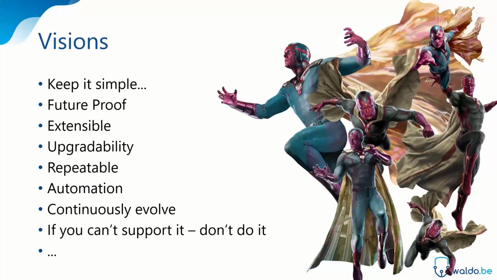And let's say whatever we try to do needs to be future-proof. It needs to be extendable, especially in an extension world, right? It needs to be upgradable, especially in a SaaS world. It needs to be repeatable, and so on and so on. And you will see all of these pinpoints coming back in the next topics that I will try to share.